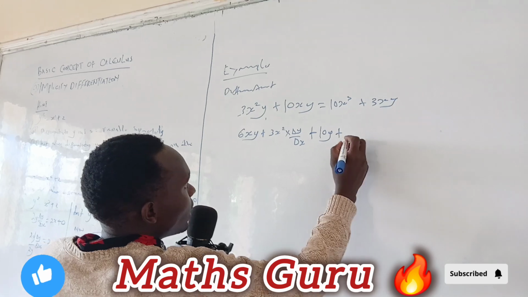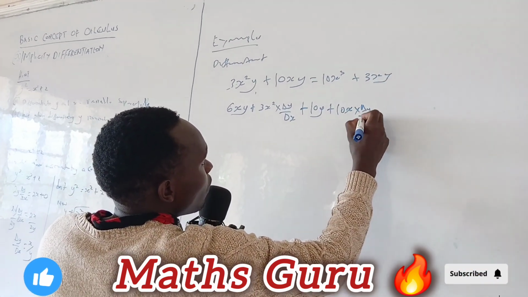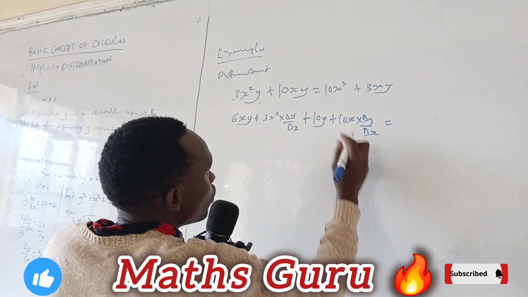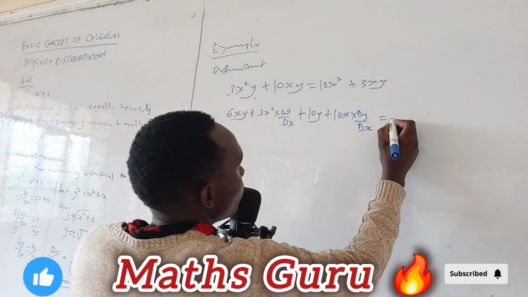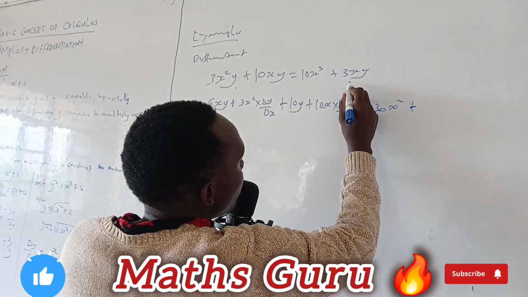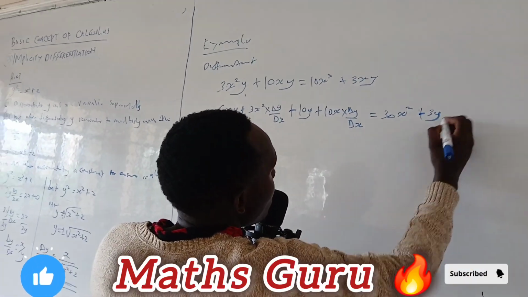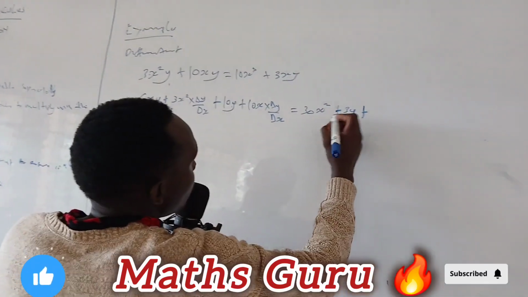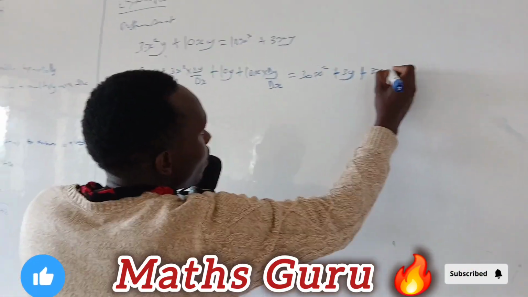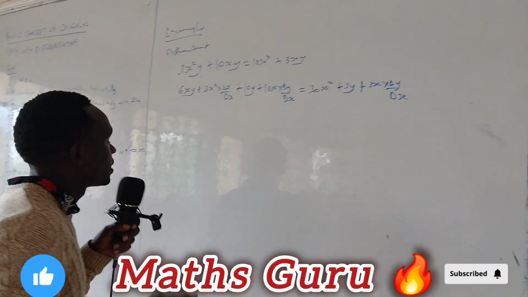So 1 multiplied by 10x is 10x change in y over the change in x, is equal to, here I'm differentiating x, it will be 30x squared. Now plus, I'm differentiating x, which is 3y. Now plus, I'm differentiating y, which is 3x, multiplied by change in y over the change in x.